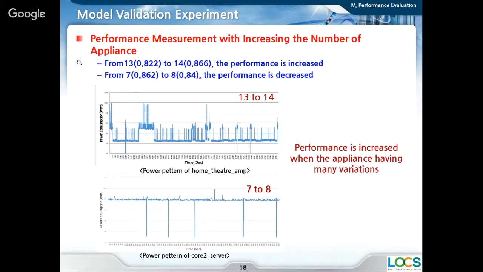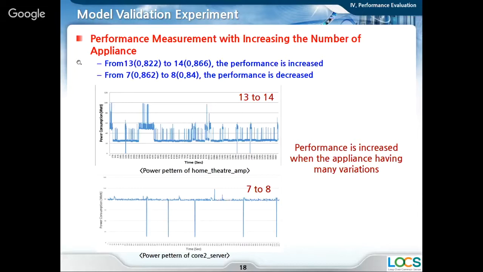So we tried to figure out which appliances were added. From 13 to 14 appliances, the added appliance was the home theater amp, and in this case the performance increased. And from 7 to 8, the added appliance was the core 2 server, and in this case the performance decreased.